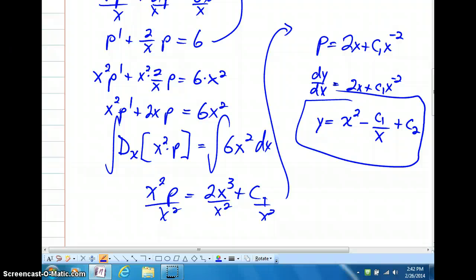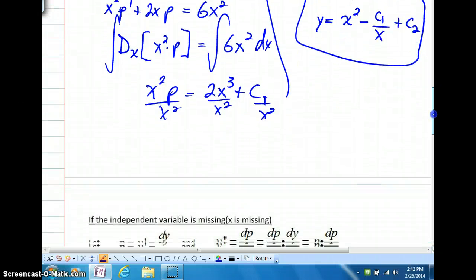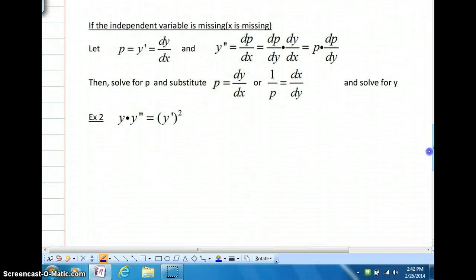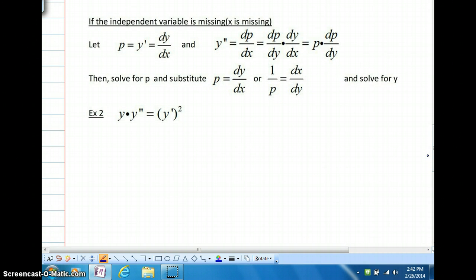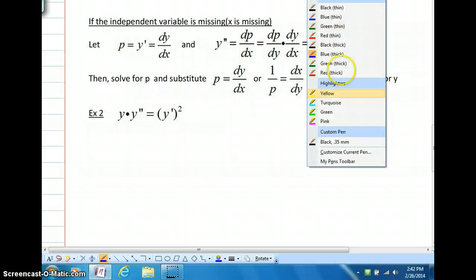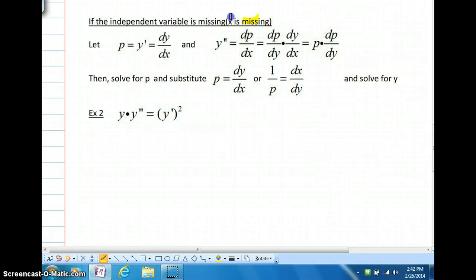Second half, case 2. We're making some great big assumptions here, but it's good. We said before, what if y was missing? Well, now we have to address this other scenario. Now case 2, what if x is missing? So you've got a y double prime, you've got y prime.